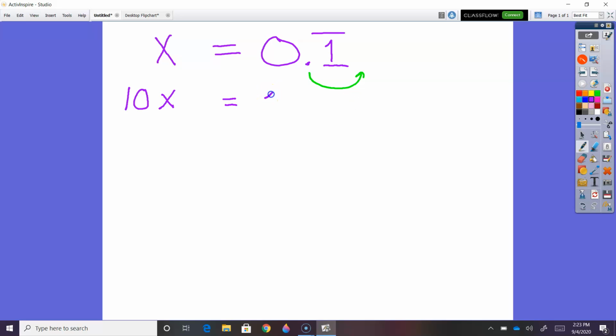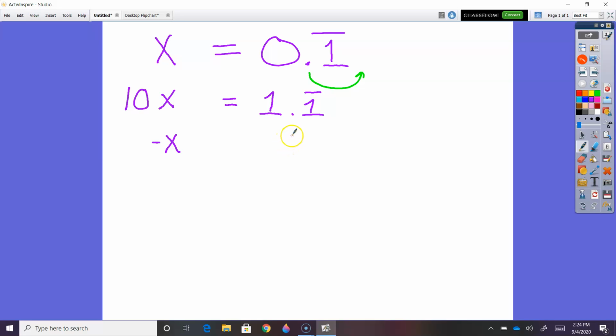So that is going to give me 1.1 repeating when I multiply by 10. My next step is to get rid of this repeating 1. I'm going to subtract both sides by x. Because remember, whatever you do to one side, you have to do to the other side.